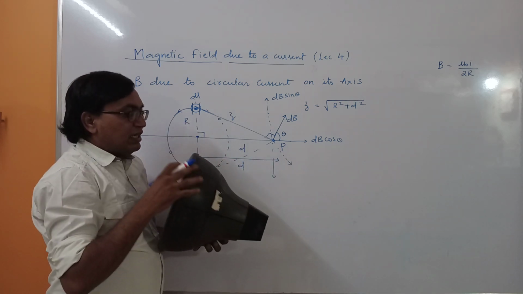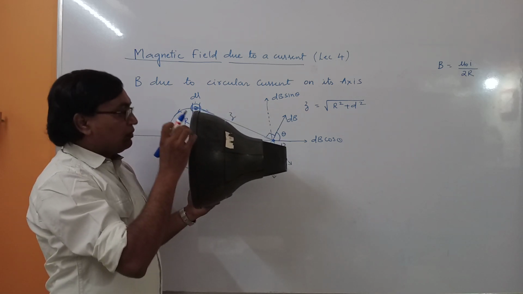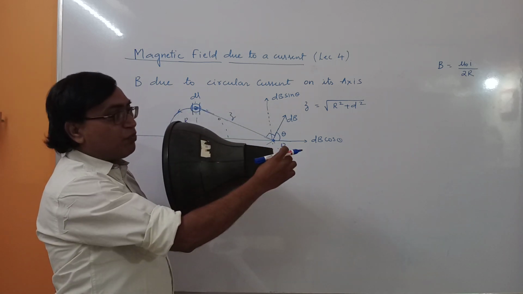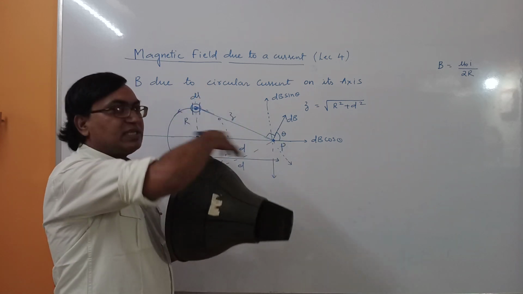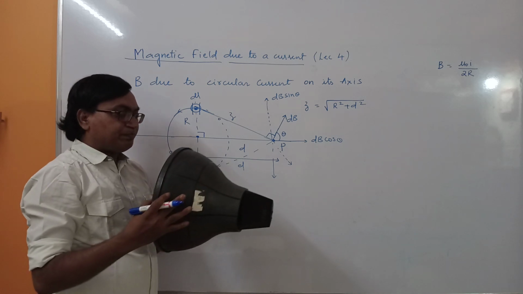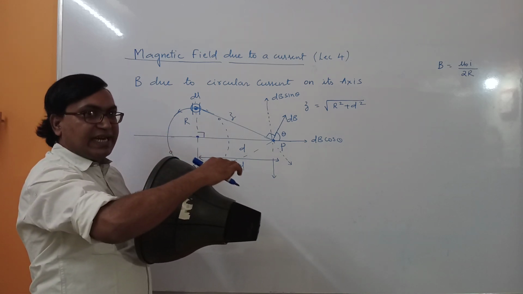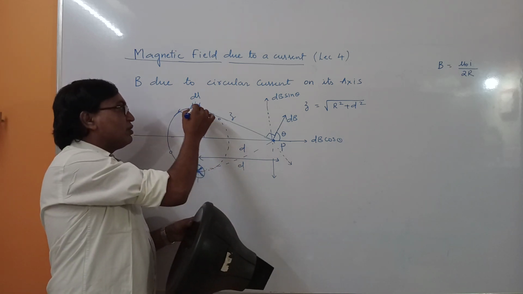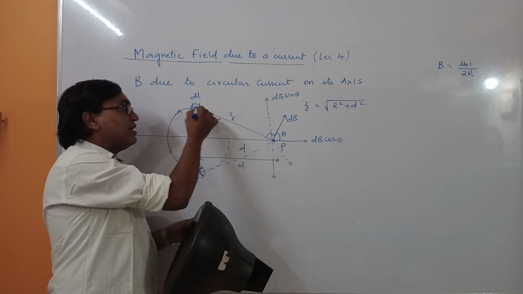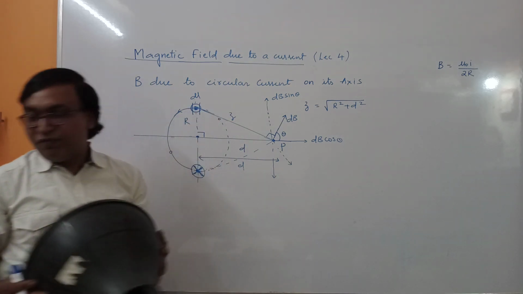If you take any current element here, the distance from this current element to point P is Z. So the distances are equal, and this current element makes an angle of 90 degrees with the position vector Z. So sin 90 will be 1.